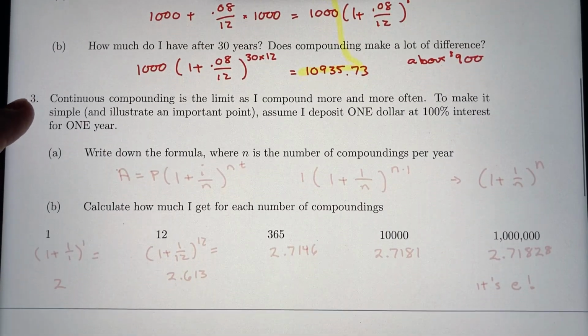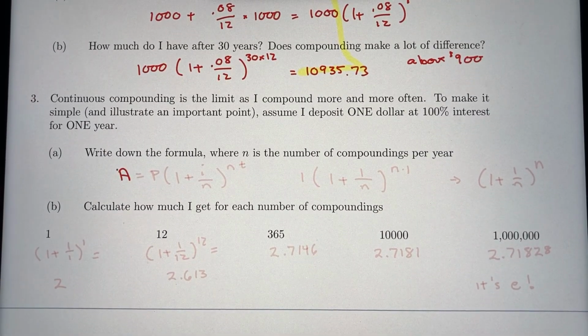Okay, so if I have the formula, something startling happens if I make everything as simple as possible except for n. So I take a limit as I compound more and more often, but I'm going to take $1, 100% interest, and 1 year.